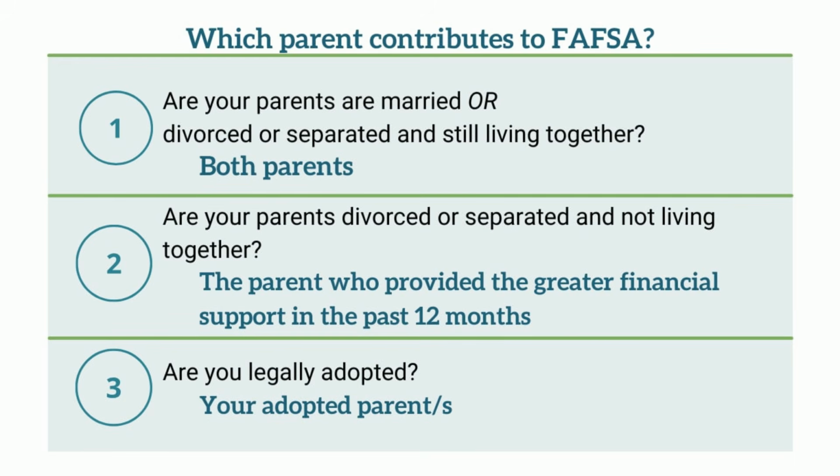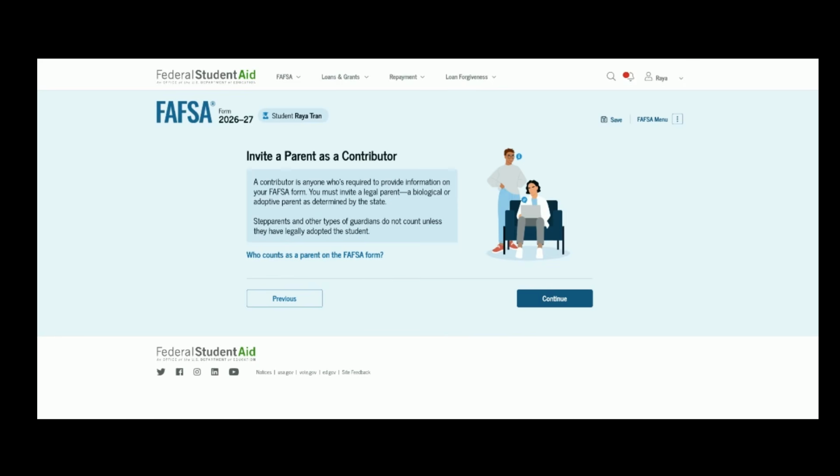If both parents contribute absolutely equally, FAFSA asks that it's the parent with the greater income and assets that is added. And finally, if a parent who's divorced or never married to the student's biological parent is remarried, then the step-parent information would be included as well. That will happen on the parent side, which we'll discuss when we go through the parent walkthrough.